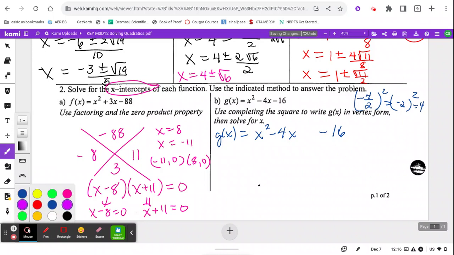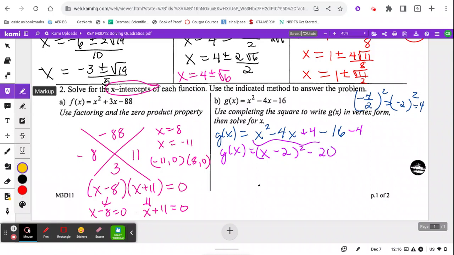I'm getting that we are going to add 4 and subtract 4. This makes the x minus 2 squared perfect square factors. And then minus 20 comes from the negative 16 minus 4. When it asked for vertex form, right here, this is the answer for vertex form.